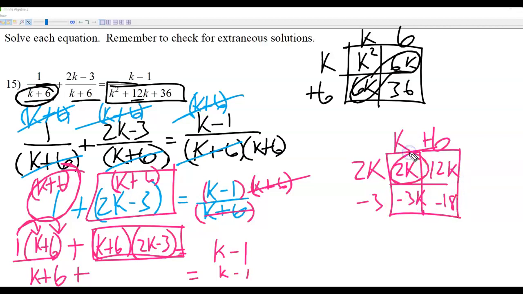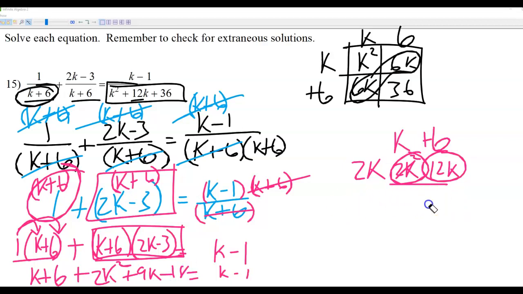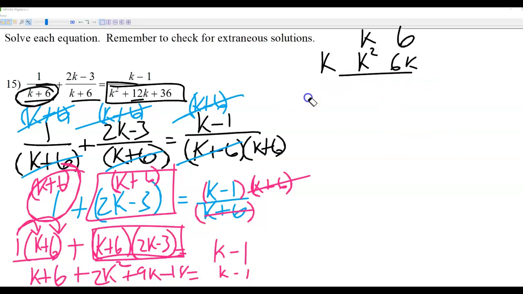So we have 2k squared, negative 3k, and positive 12 makes positive 9k. And then we have negative 18. All right, continuing on.